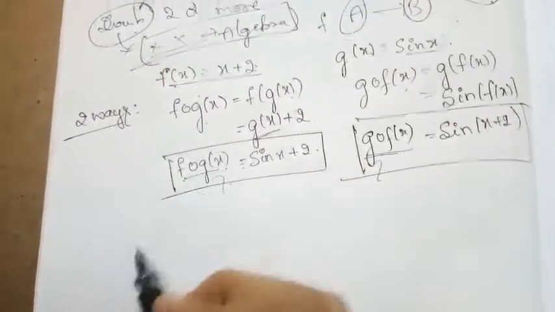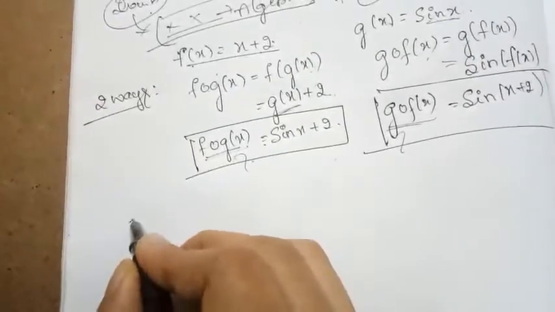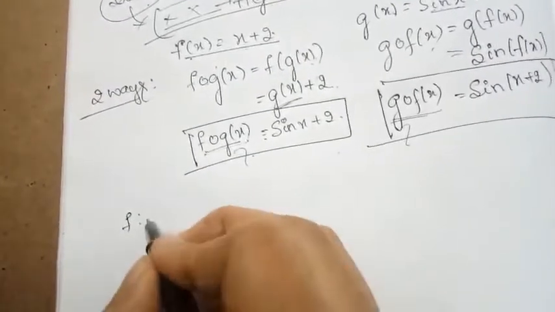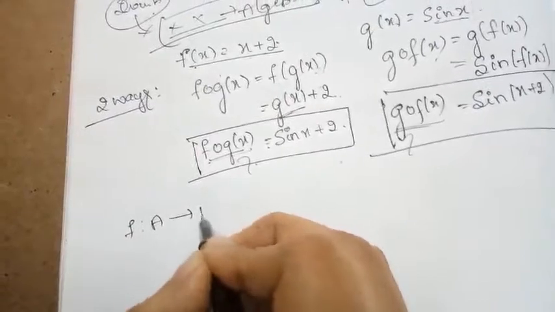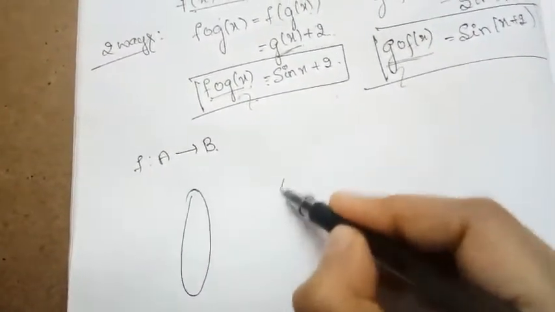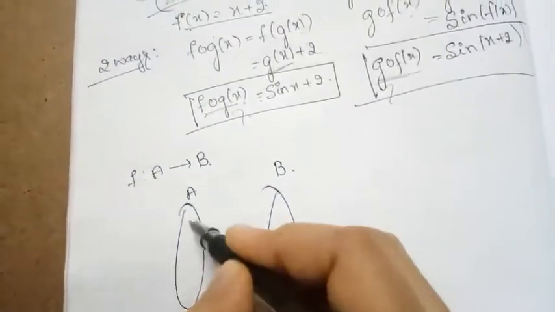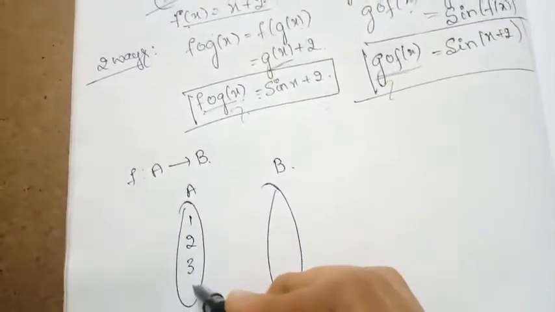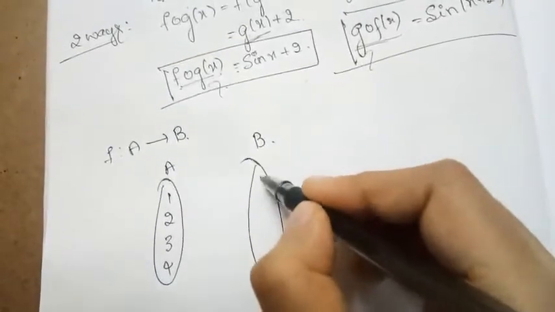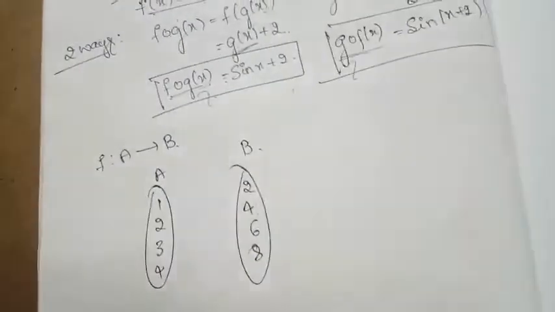Suppose I consider one example. Let f be a function defined from set A to set B. Let set A be 1, 2, 3, 4, and let set B be 2, 4, 6 and 8.